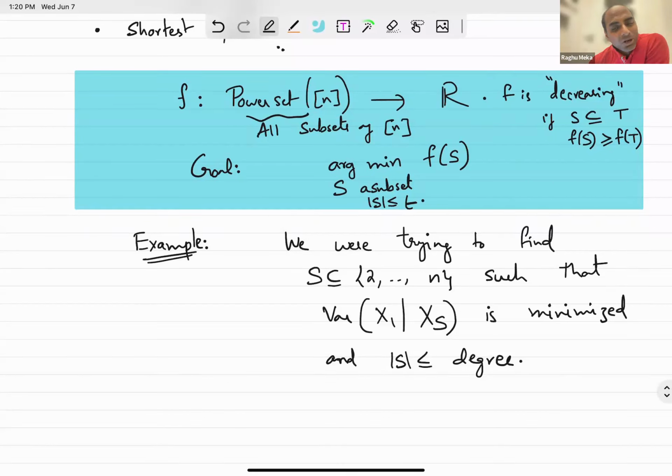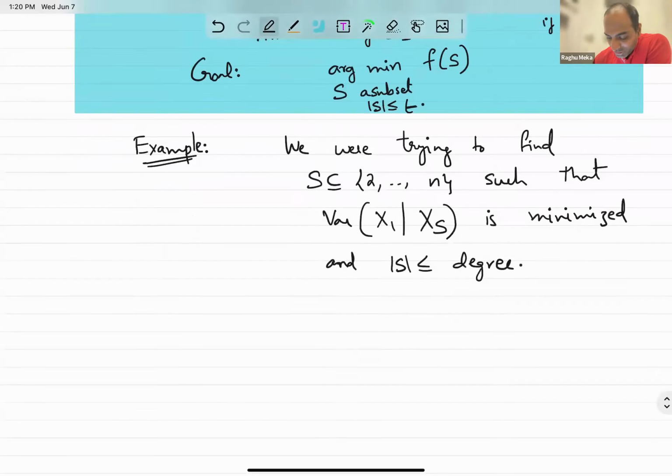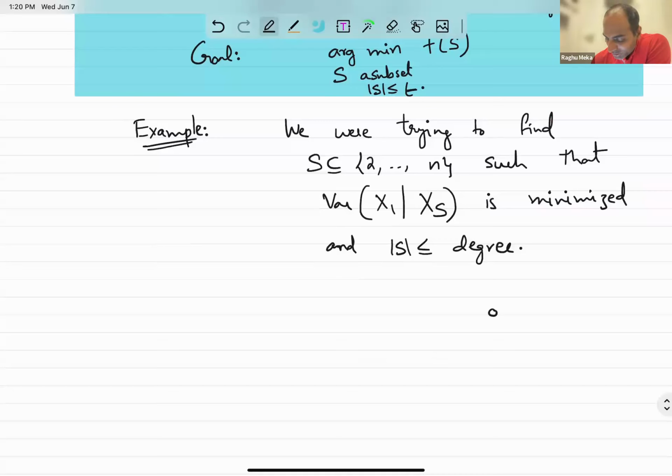The minimum value need not be 0, but at some point it stops changing. I shouldn't say what's the minimum value, but basically what's the argmin.